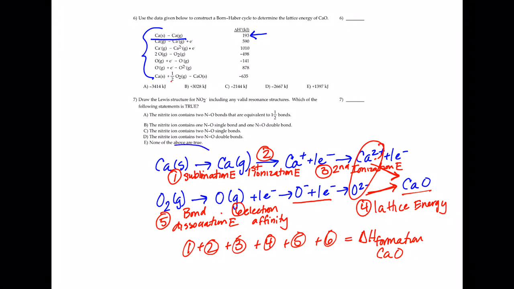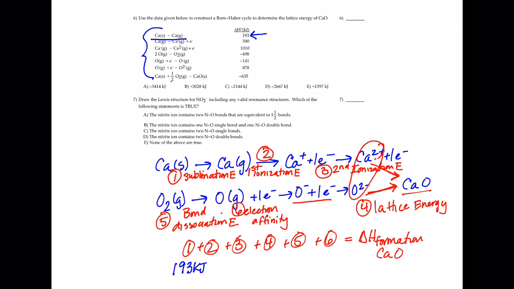That matches the sublimation. So that is going to be number 1 here. So I'm going to actually write that energy in. This is 193 kilojoules. So the sublimation energy is 193 kilojoules.